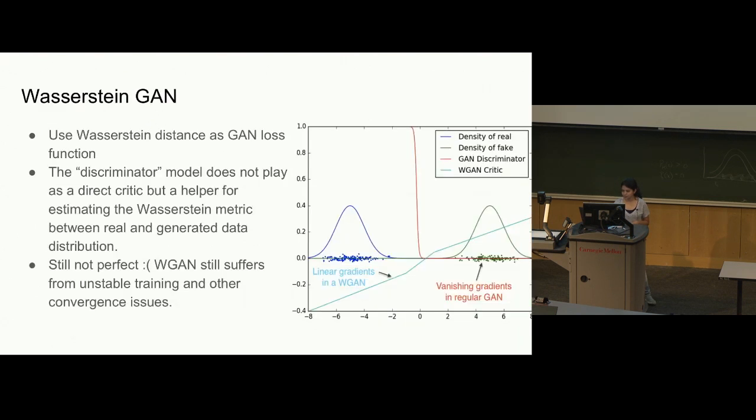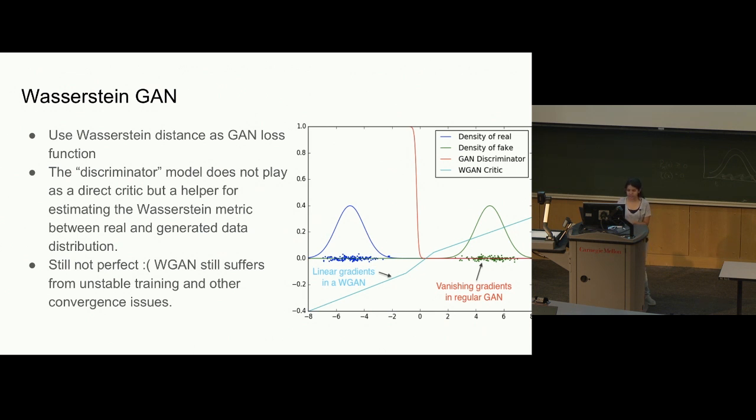And so Wasserstein-GAN is based on this idea of Wasserstein distance, and it uses this as its loss function to train the generator and discriminator. Now, in general, discriminators try to classify the generated sample from the generator as real or fake.